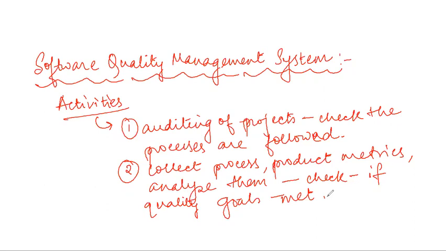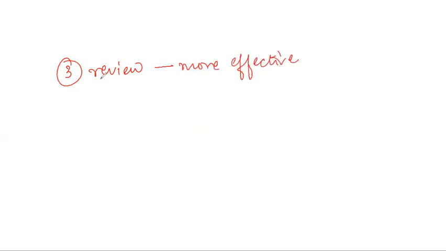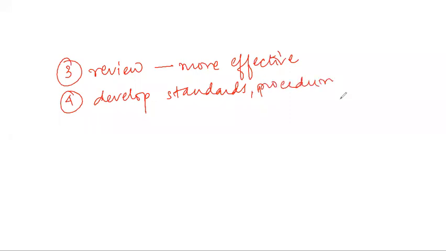Right? So after this, the third step, what will they do? They will review again. They will review the entire process so that it will be more effective. Then after everything is done and reviewed, they will develop the standards for the organization. They will develop the standards, procedures, and guidelines, whatever you say.